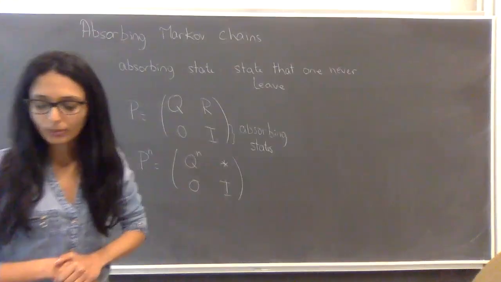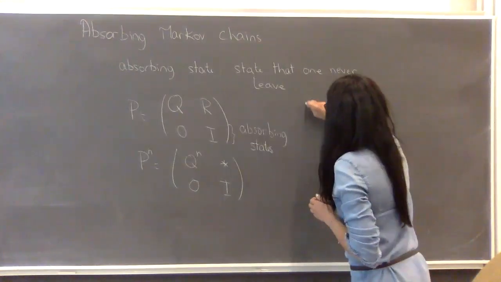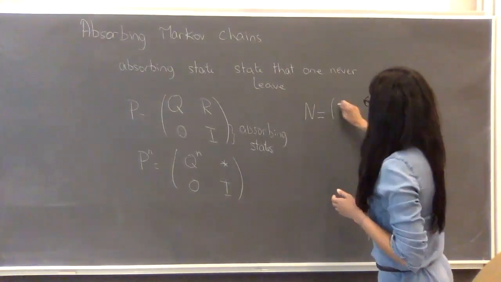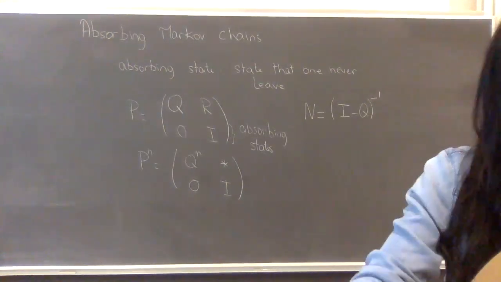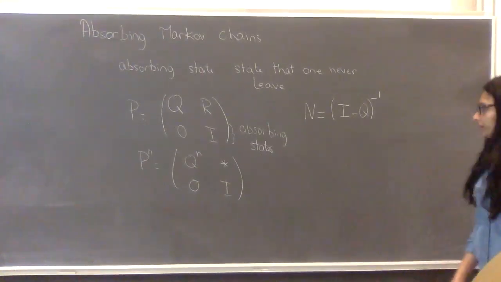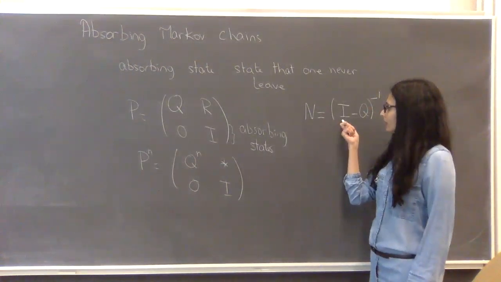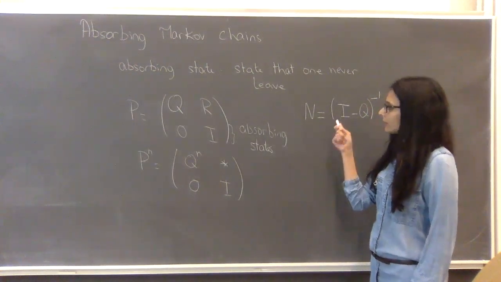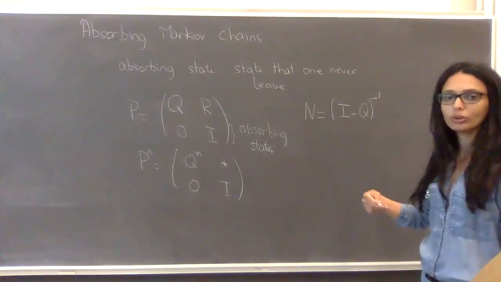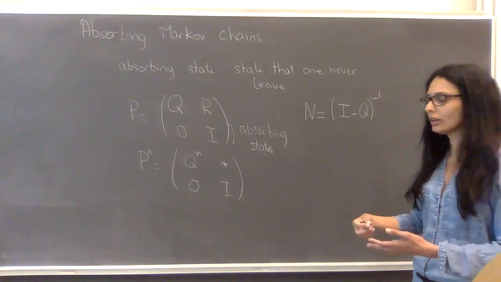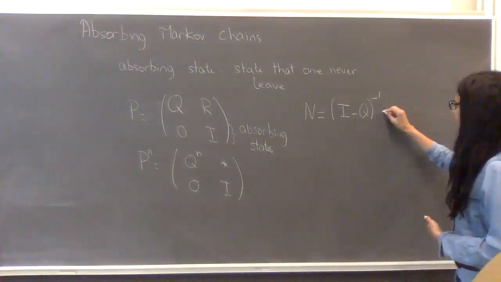Now, if I have an absorbing Markov chain, I can compute the matrix N, which is the inverse of I minus Q. This matrix gives me the expected number of moves that I need to do if I start from a state Sj in order to be absorbed in another state Si.